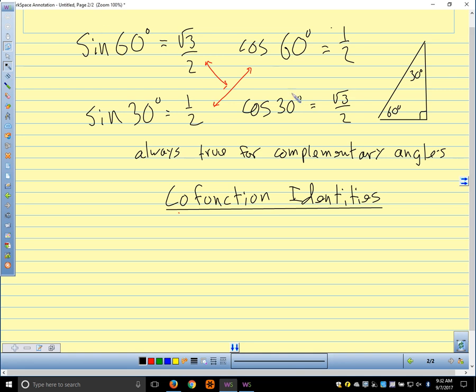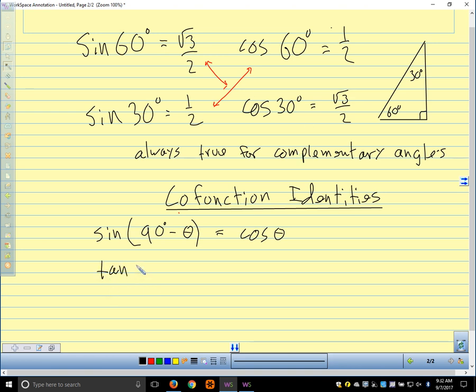So the cofunctions of complementary angles are the same. The way we write that is that the sine of 90 degrees minus theta, that's how we find the complement of theta, equals the cosine of theta. That's what we have here.